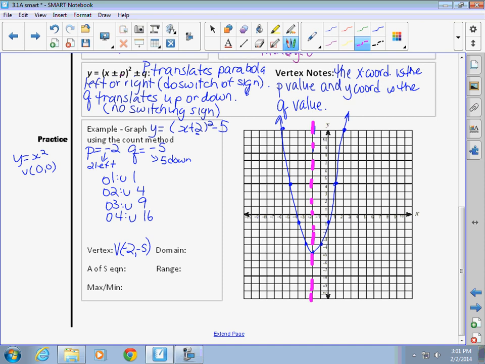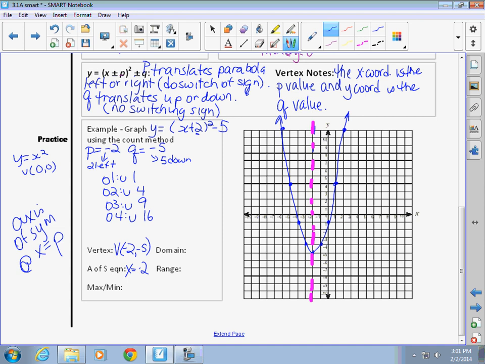So your axis of symmetry is also your p-value. Your axis of symmetry is always going to be at x is equal to your p-value. So in this case, x is equal to -2.